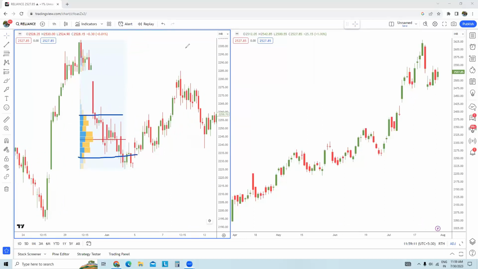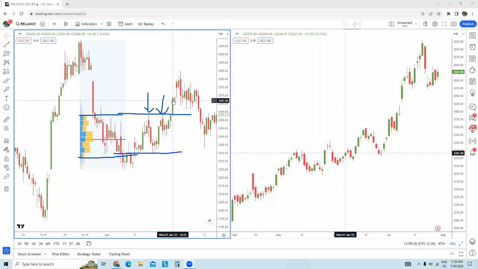Now see properly how price has reacted over here. Once price started moving higher, twice in the hourly time frame chart, price did face a resistance, right? In the hourly time frame chart, Reliance from 22.58 came down till 22.35.